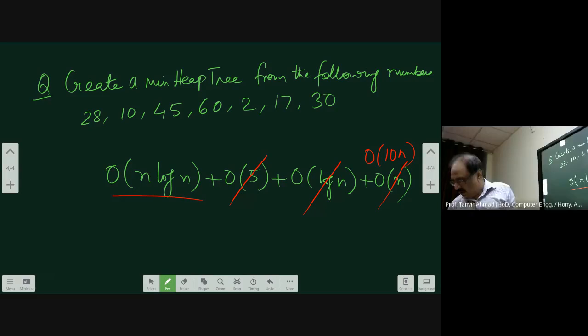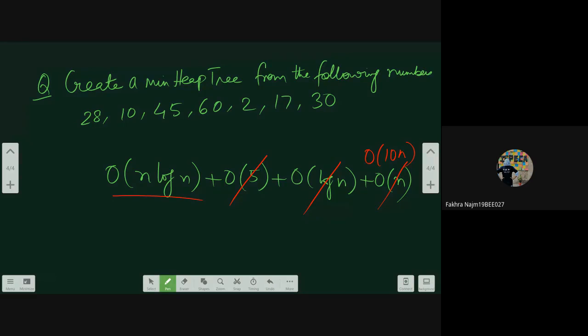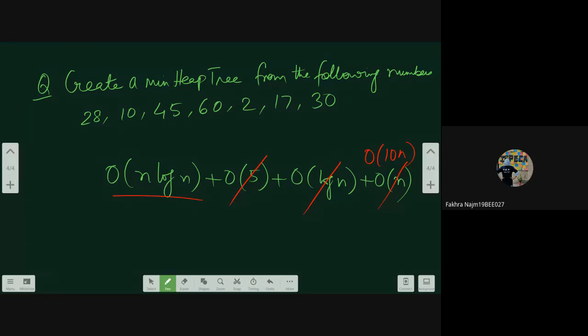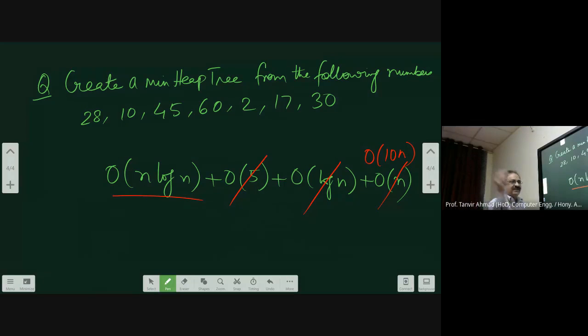Sir, excuse me. Sir, O just describes the rate of increase of any algorithm. So why will we take the constant? I mean, it's the rate of increase. Okay, that we will discuss in unit 1, that is already there. वो अभी हमने पढ़ा, इसमें एक क्वेश्चन छोड़ा हुआ है. Asymptotic notation जब पढ़ाएंगे, उसे बताएंगे कि what is the use of rate of increase of an algorithm, कैसे calculation करते हैं.